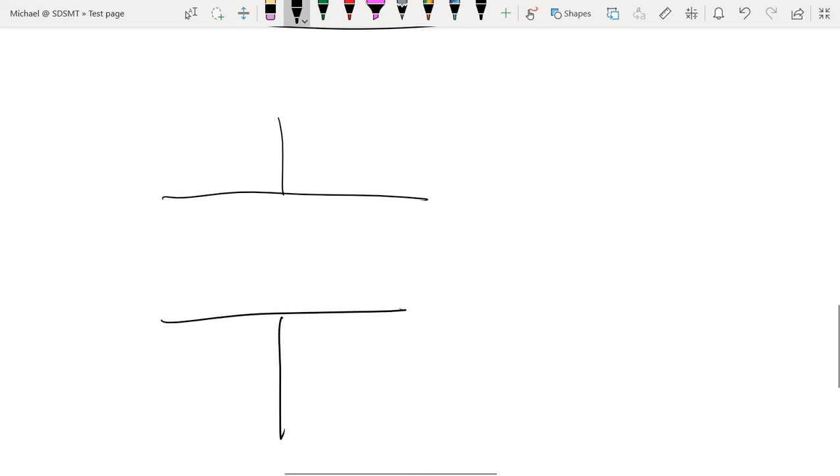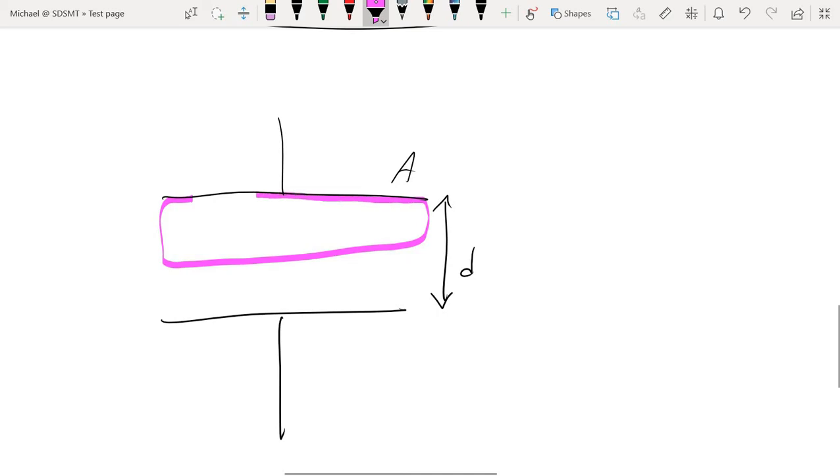You have a capacitor of cross-sectional area A and a separation distance of D. And you put a dielectric material in between the plates, but you don't quite have enough of this first dielectric material. You can only fill it in about halfway. Well, actually, we'll say exactly halfway for the sake of the math.